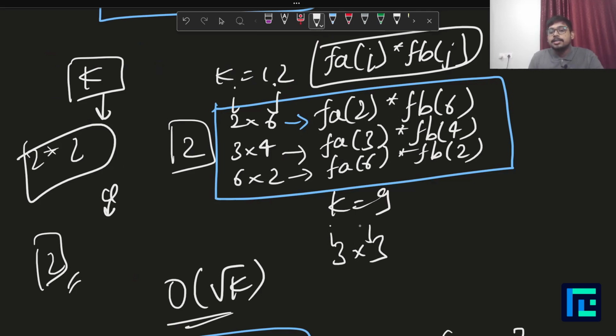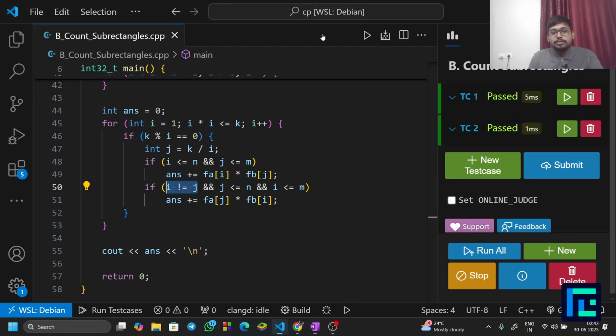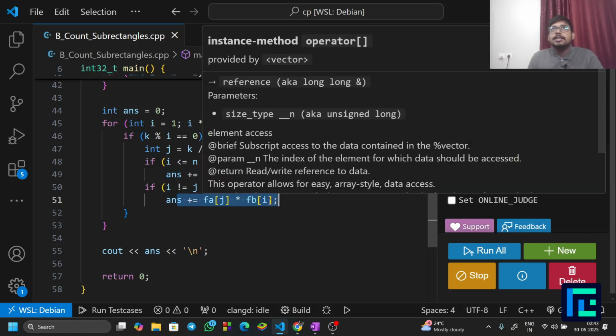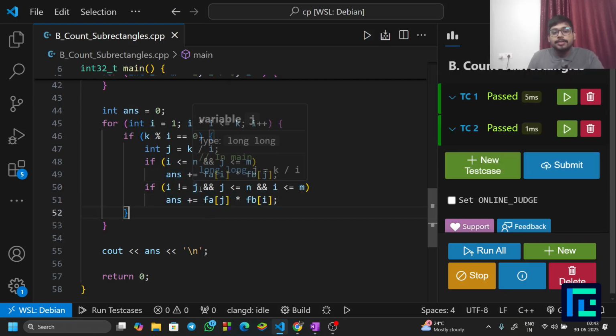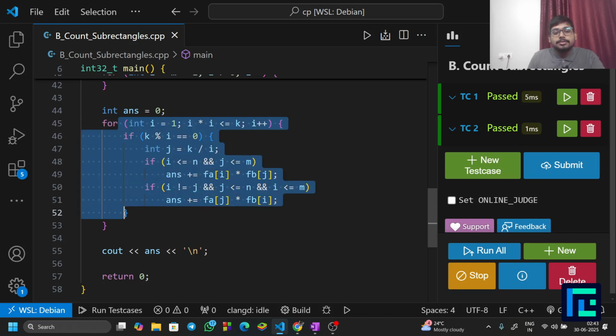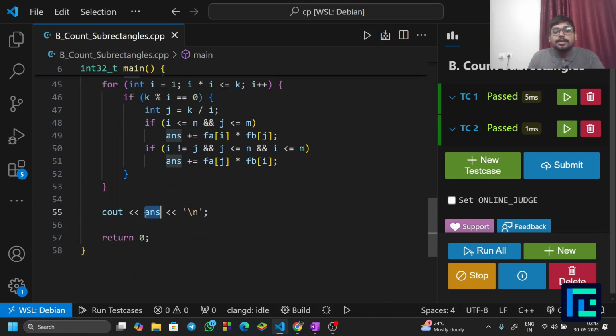So when I is 3, J is 3, we won't compute it again. If I and J are equal, we won't add this again. Only when they are unequal and J is less than or equal to n and I is less than or equal to m, we add it. Once this is added, we have got our final answer.